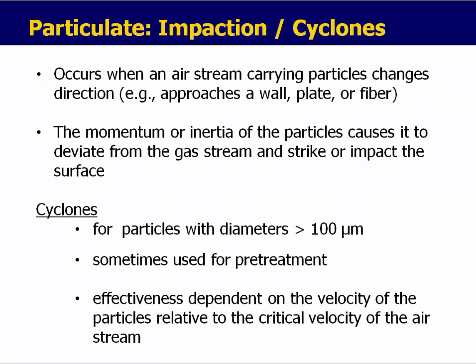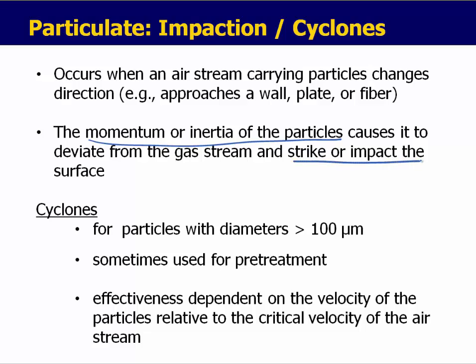The second method is to use impaction or centrifugal force to remove particles in cyclones. The principle here is that an airstream carrying particles changes direction. As it approaches a wall, plate, or fiber, the momentum or inertia of the particles in that airstream is different than the momentum of the gas stream.